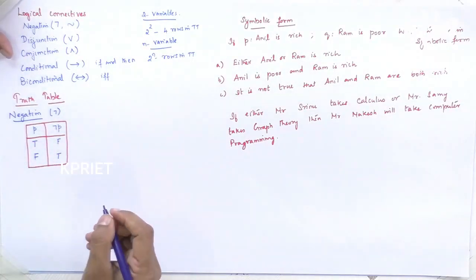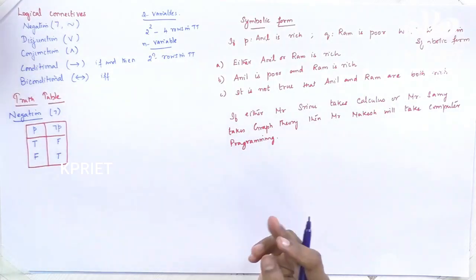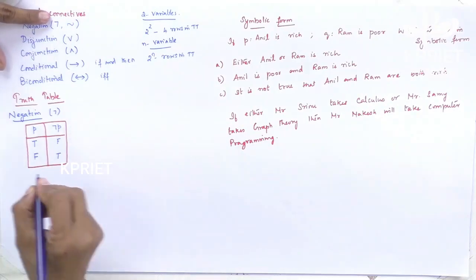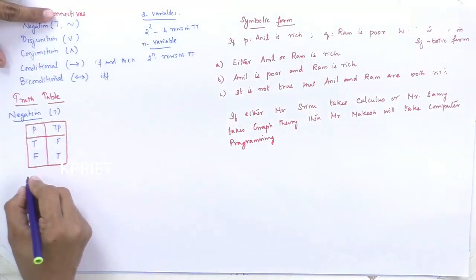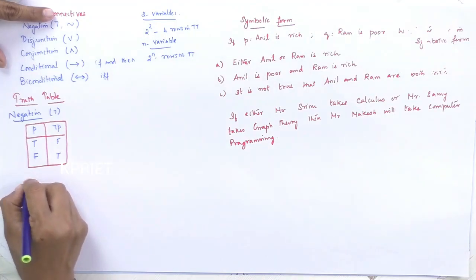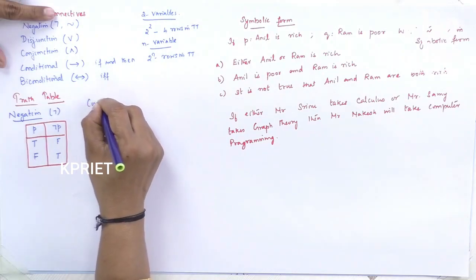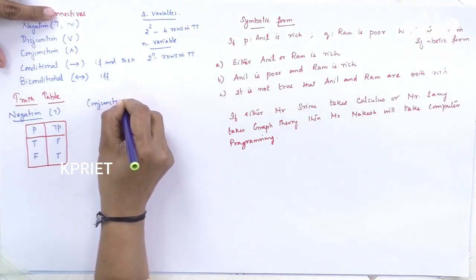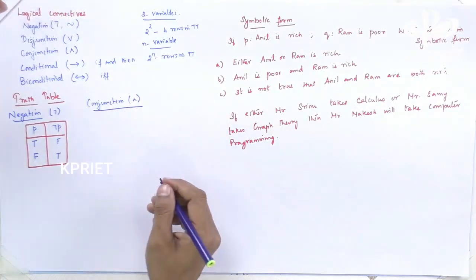Next, how to construct the truth table if we have 2 variables. Say, for example, I will do it in one full stretch. Let's see for conjunction, that is and. How to construct the truth table?